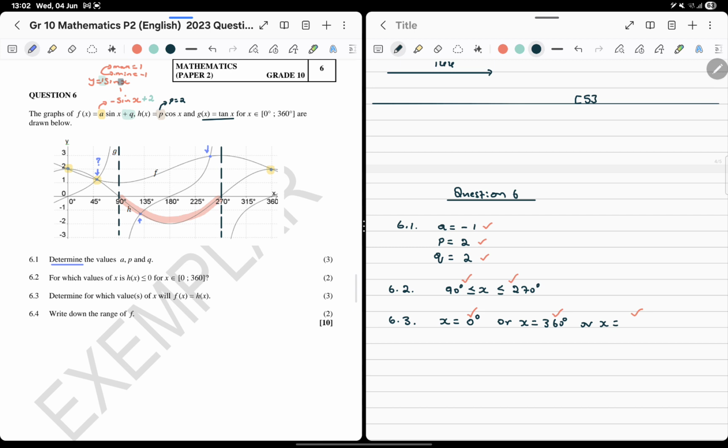One thing for sure is that we have the sine function, which is minus sin x plus 2 is equal to 2 cos x. Now this is not nice, because this is going to force us to try and get to compound angle identities, which is stuff that you learn in grade 12, okay?